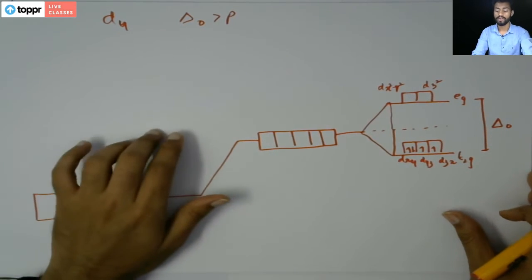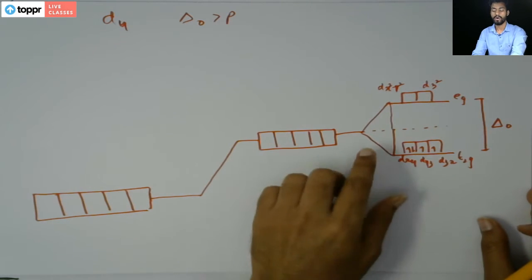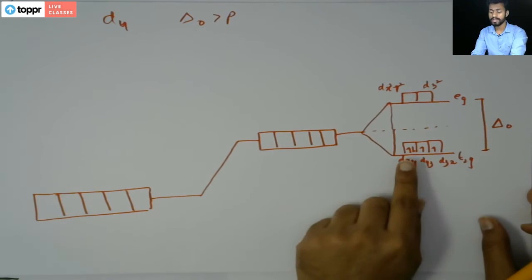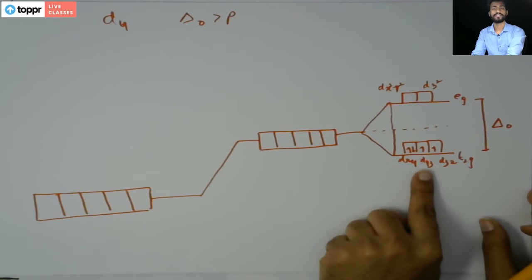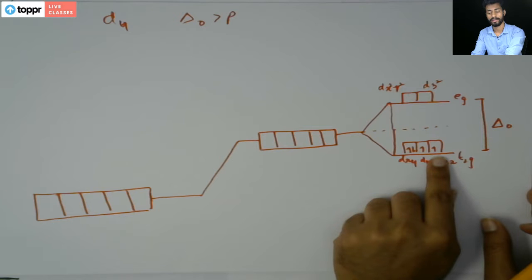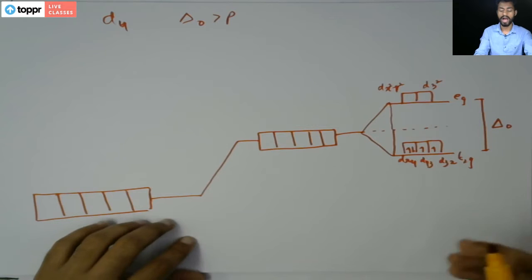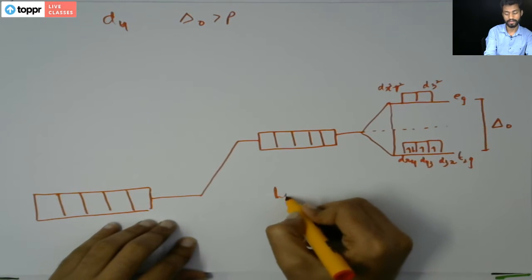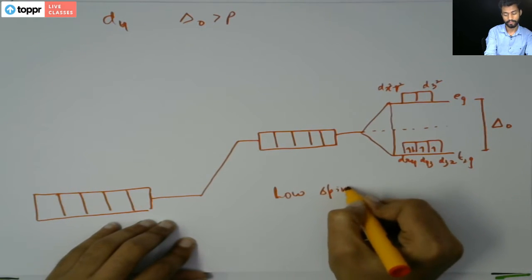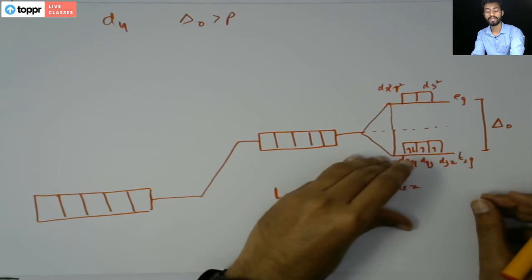Now let's see what if delta O is less than pairing energy. Okay, now one more question arises. What's the spin of this complex? Since the number of electrons which are free or singly occupied is 2 here, the spin is low, and since the electrons are paired completely, it will be a low spin complex. The complex formed will be a low spin complex.